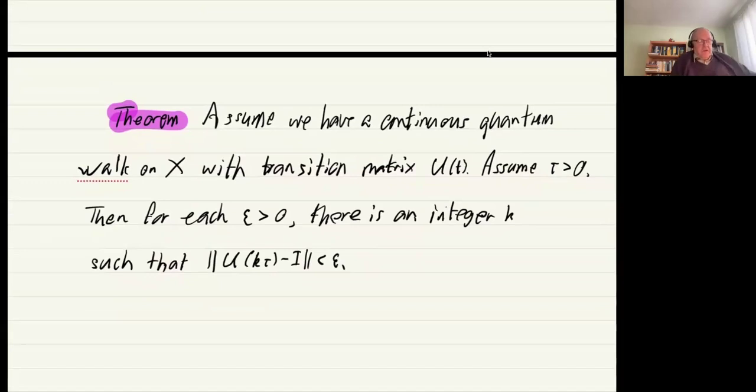So the result is, assuming we have a continuous quantum walk on X with transition matrix U(t), and assume tau is positive, real, then for each epsilon greater than 0, there's an integer k such that the norm of U(k tau) minus the identity is less than epsilon.